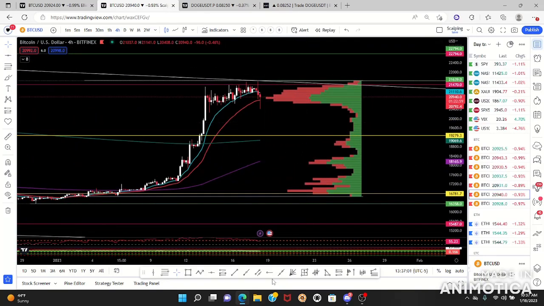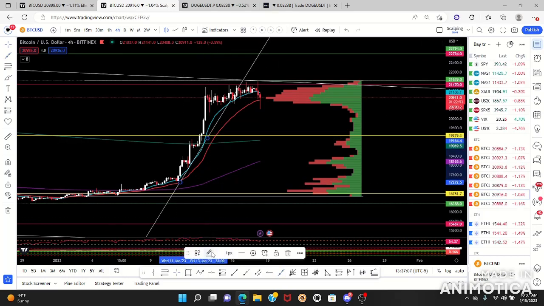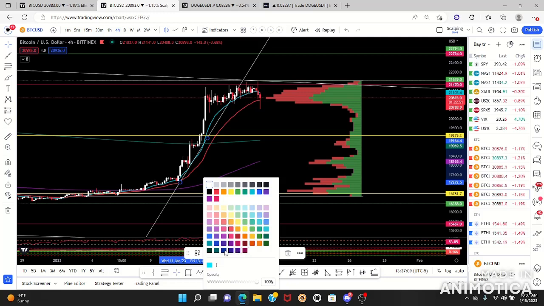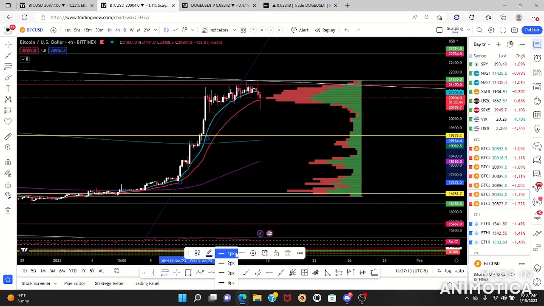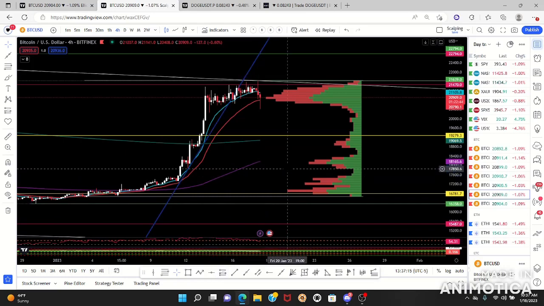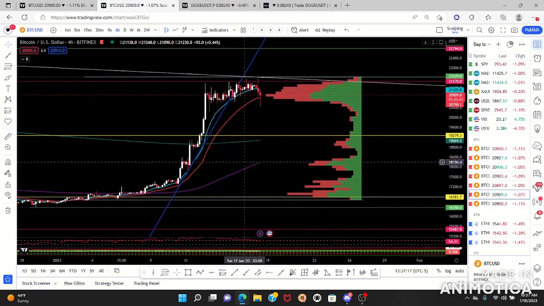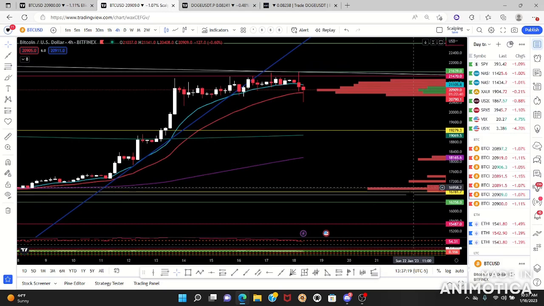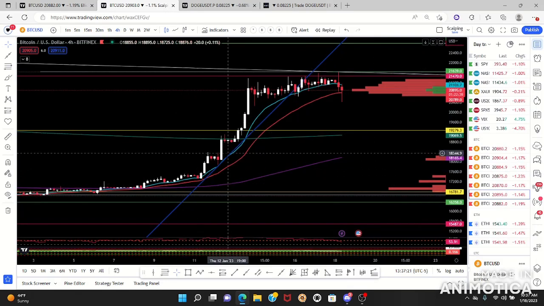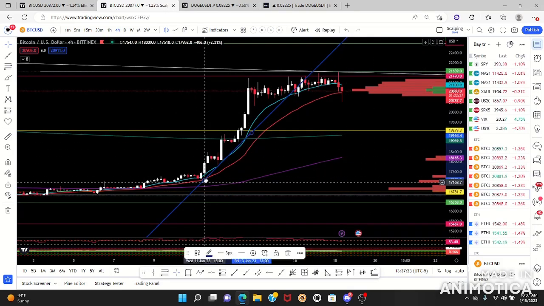Okay, so like we mentioned earlier, we have that 4 hour major trend line that has been broken. Let's make it thick. There we go.